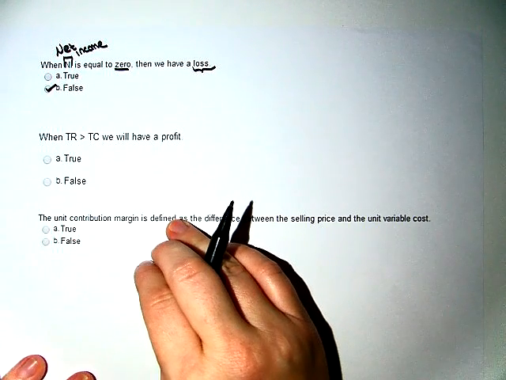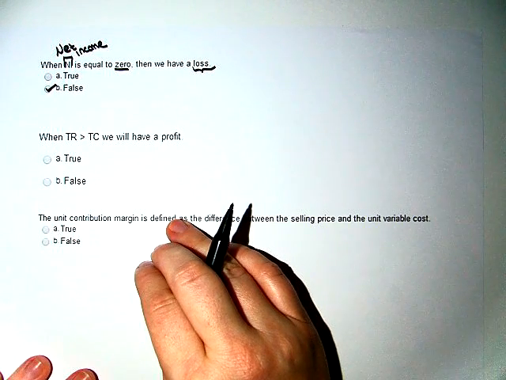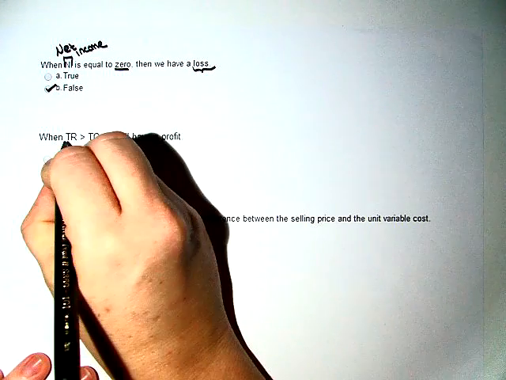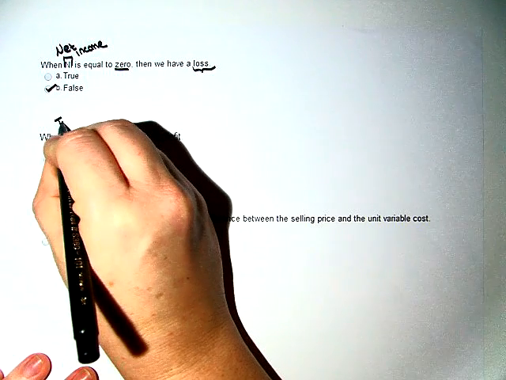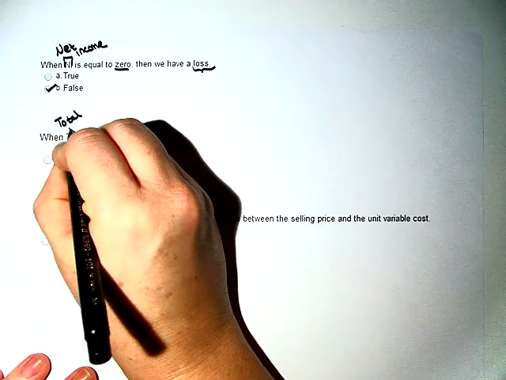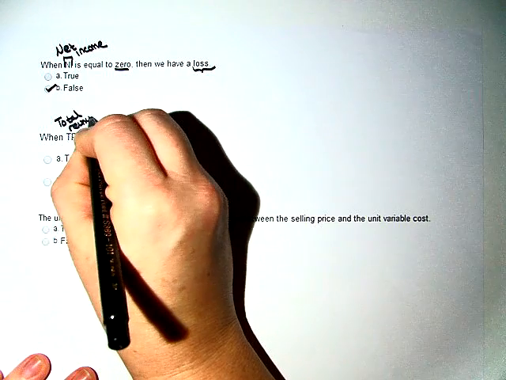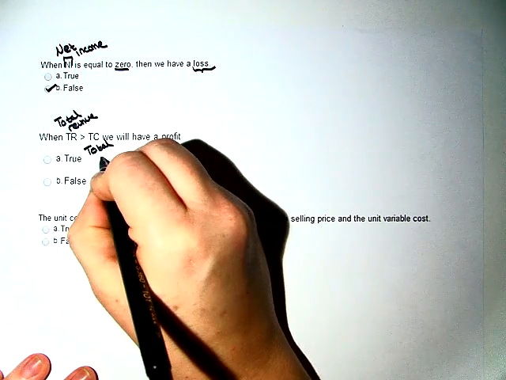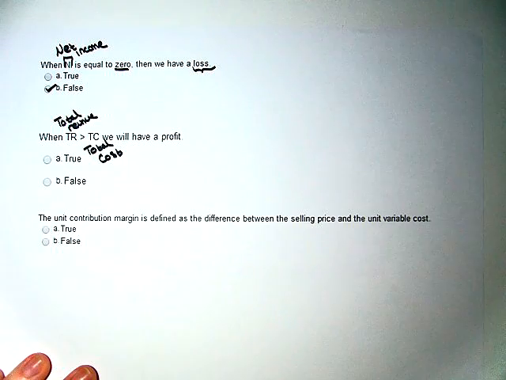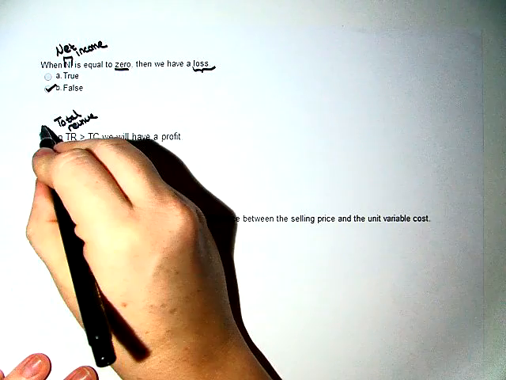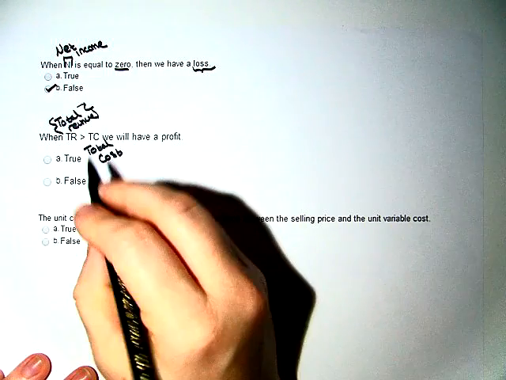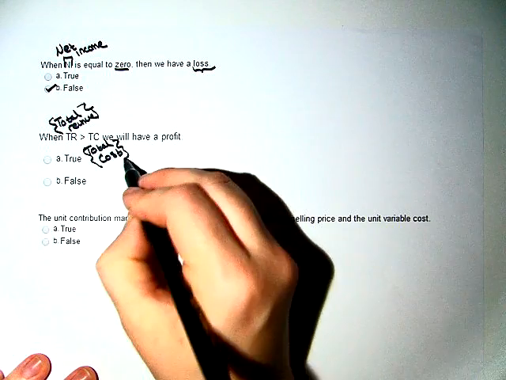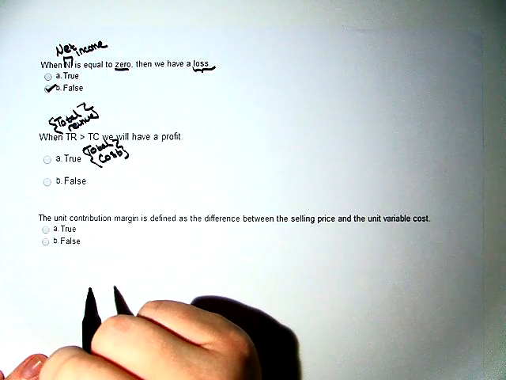Okay, when TR is greater than TC, we will have a profit. TR stands for total revenue. TC stands for total cost. So if we have a greater revenue than we have cost or expenses, will we have a profit?